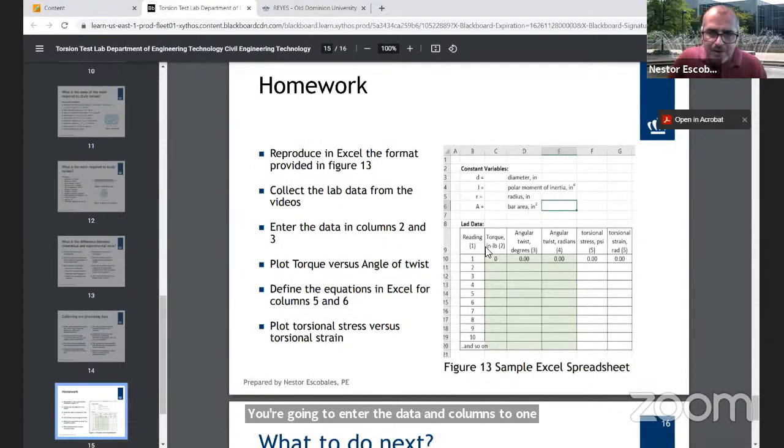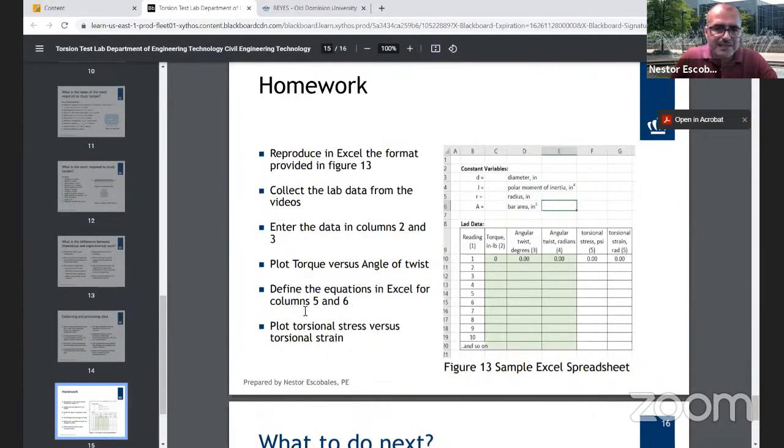You see that I put a number in here, 1, 2, 3, 4, 5, and so forth. Then plot torque versus angle of twist. Define the equations in Excel for columns 5 and 6. Plot torsional stress versus torsional strain using the mathematical equations that were presented earlier.